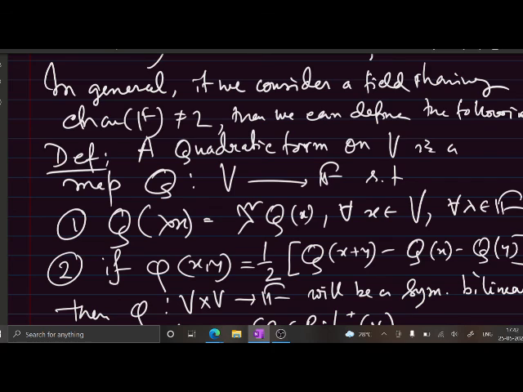And for example, if you have a symmetric bilinear form, then you will always have this kind of quadratic form.